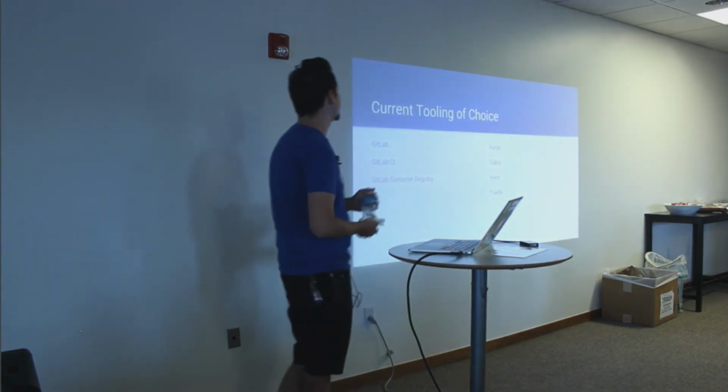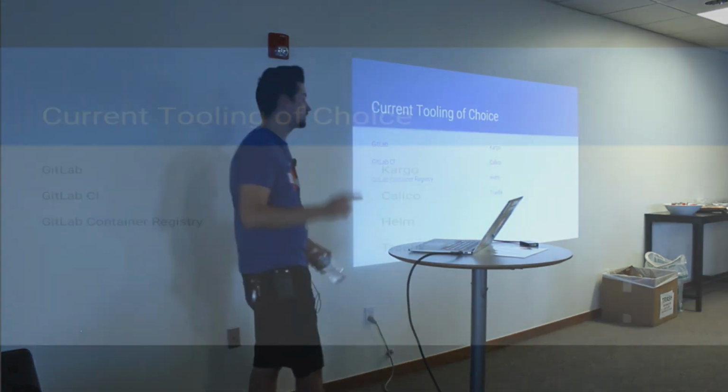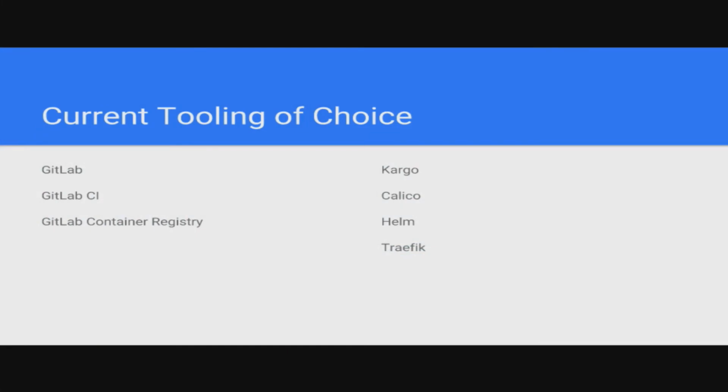So that being said, my current tooling of choice is a lot of GitLab.com specifically. I've been a GitLab user for probably about 5 or 6 years, since way back in the day. But the offerings that they're doing now for GitLab.com, you cannot compete with as far as getting stuff for free. Obviously free unlimited private repos. Their CI is pretty awesome.